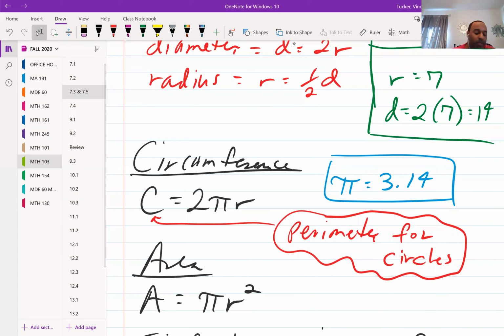So the circumference is the length around a circle. That's the perimeter equivalent. And pi is 3.14 when you want to abbreviate it. That's going to help us in calculating the circumference and the area, and even when we get to volume, we'll see pi show back up.